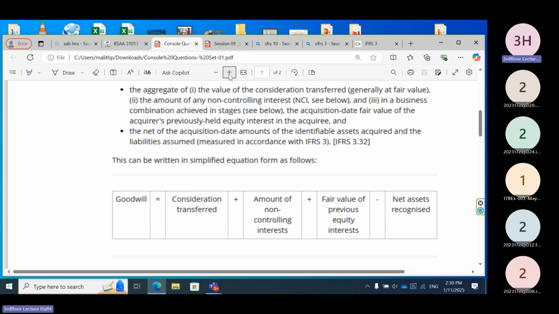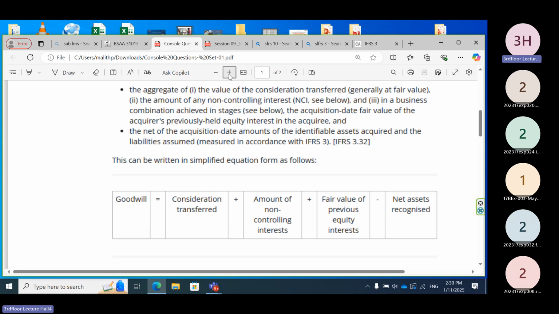So this is the whole equation for goodwill. Is it the full goodwill or the proportionate goodwill? You can't say that.